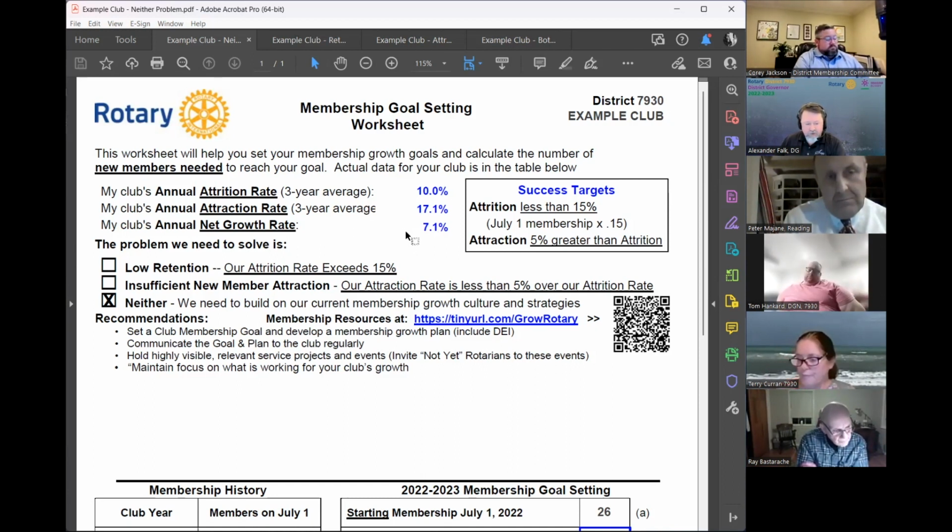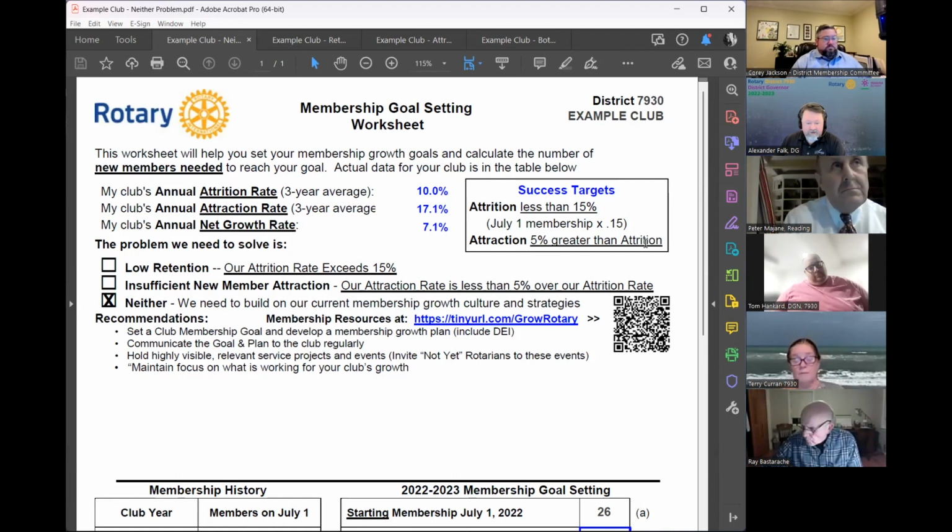So this example club here is doing well. It doesn't have a retention or an attraction problem. And we see that immediately here because we get a positive net growth rate. Now, as I mentioned already before, the success target for attrition is to be less than 15%. And ideally, what you want to have is an attraction rate that is 5% greater than the attrition rate.